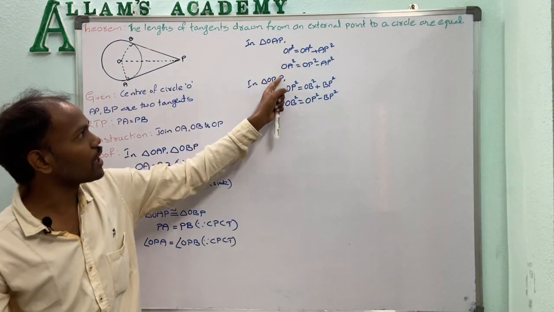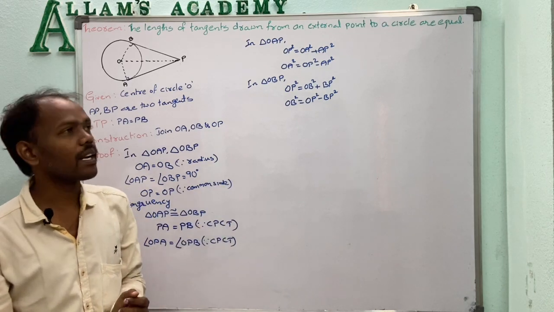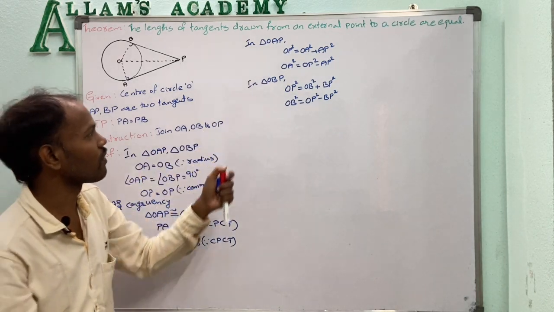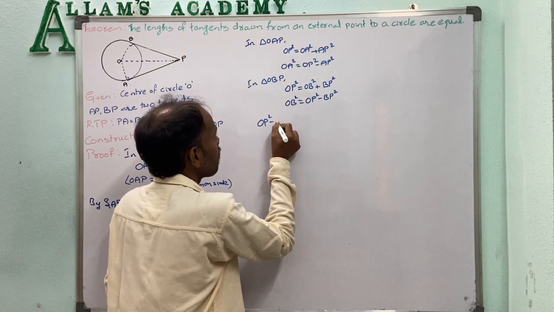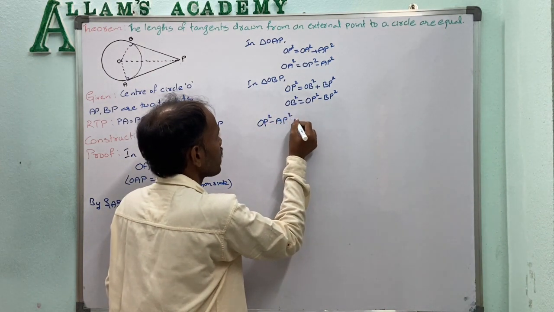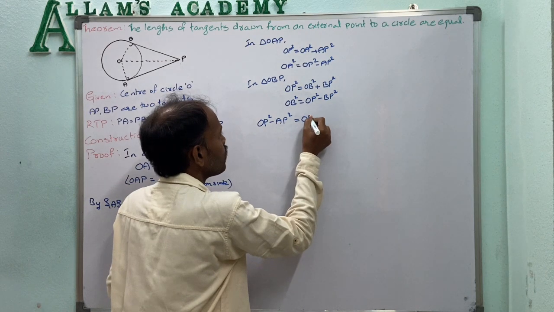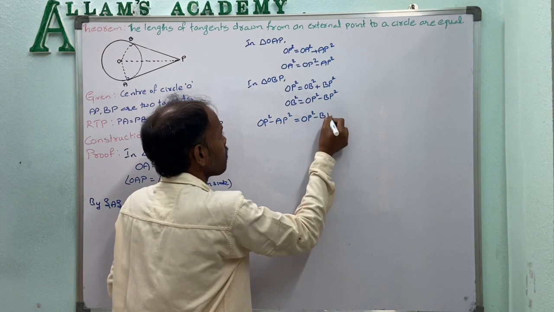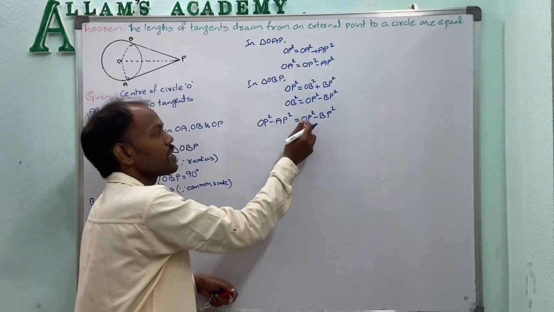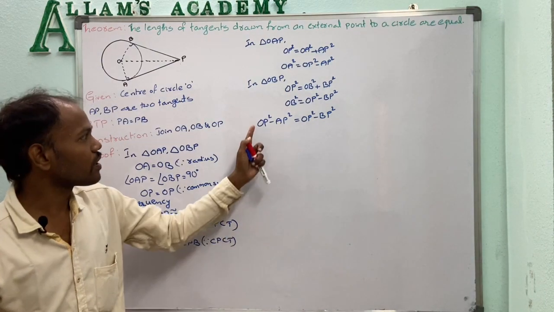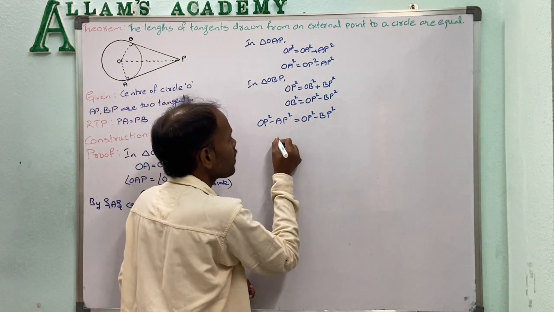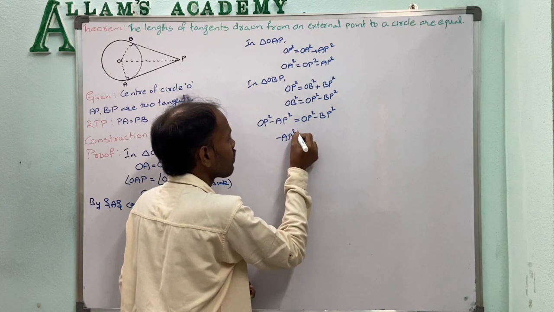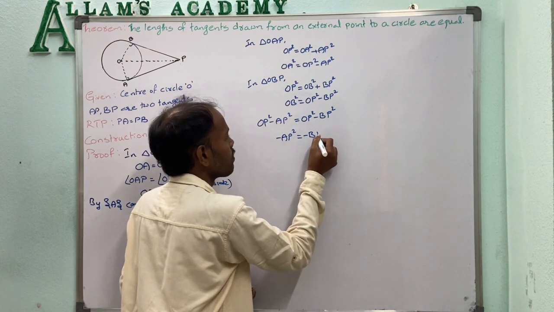Here OA and OB are the same radius, so these two are equal. Then OP square minus AP square equals OP square minus BP square. OP is the common side, so if we cancel it, minus AP square equals minus BP square.